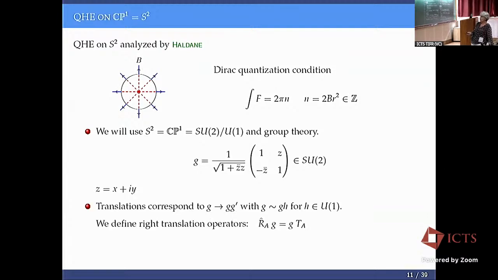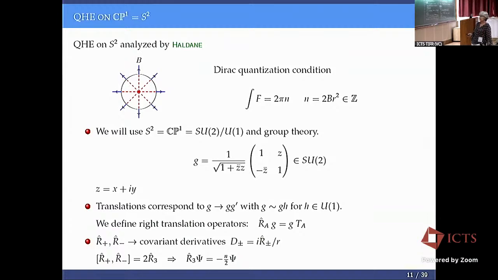We think of translations in this space as corresponding to right transformations, such that G and GH, if H is in U1, are identical points. These are the right translation operators. The coset right transformations, other than the U1, we put in complex combinations.